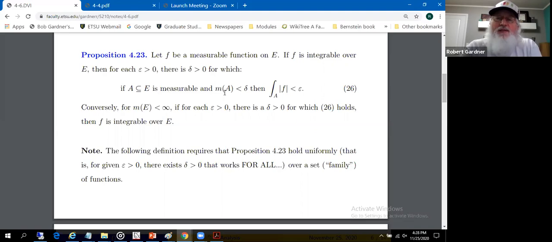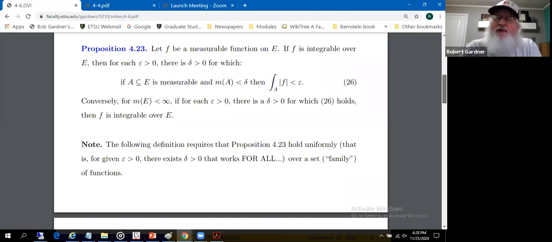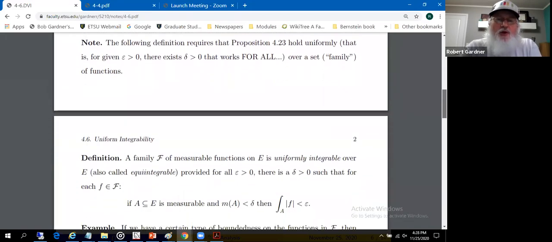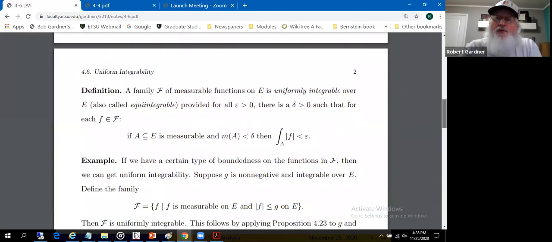But we're going to get this desirable property to hold throughout some family of functions. And we're going to call that behavior uniform integrability, uniformly integrable. A family, calligraphy F, of measurable functions on set E is uniformly integrable over set E, also called equi-integrable.